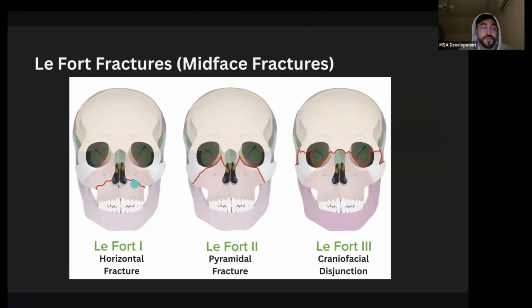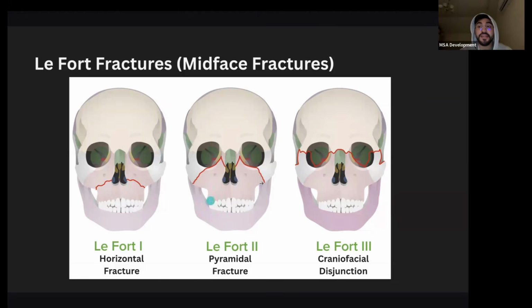What happens in this fracture is that it detaches the hard palate and the upper teeth from the midface, so you have what we call a floating palate. Here, of course, it involves your lower maxilla, the anterolateral margins of the nasal fossa, the maxillary sinus as well, and the pterygoid plates. And everything else stays intact.